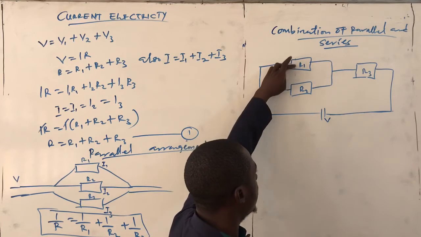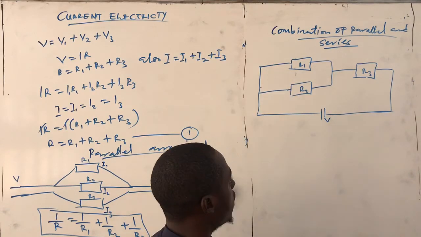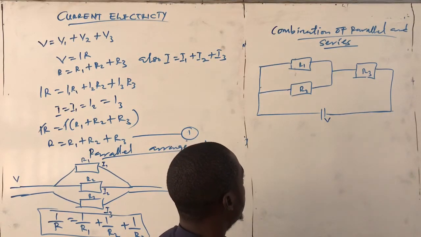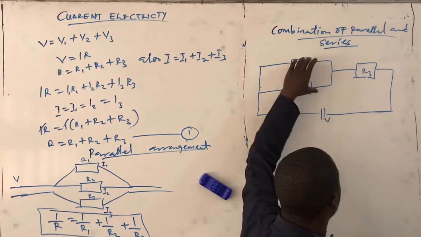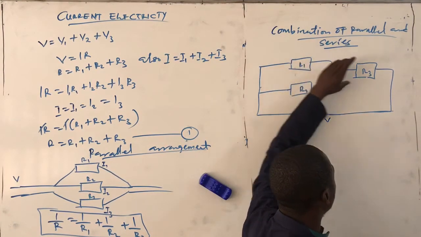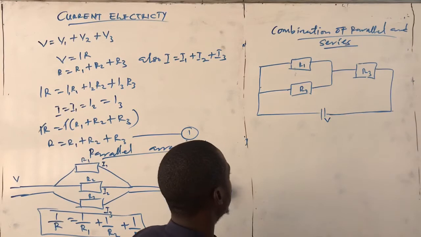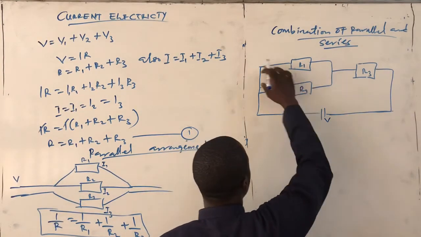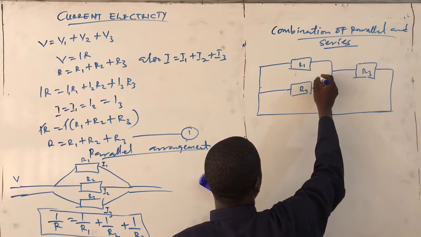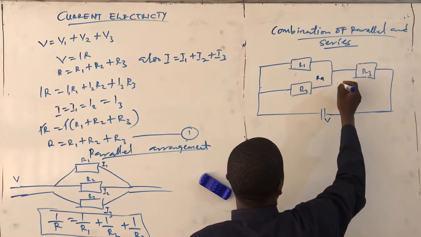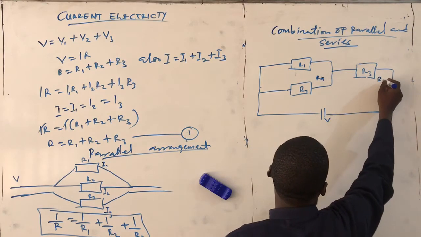If you look at R1 and R2, they are in parallel combination, and the equivalent of this will give us a series combination with this. Let's call this part RA, and from here to here, let's call it RB.